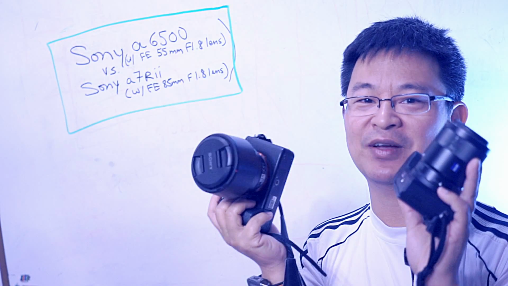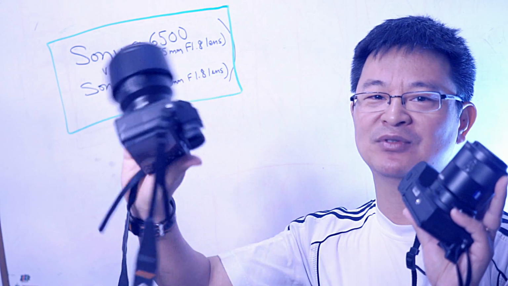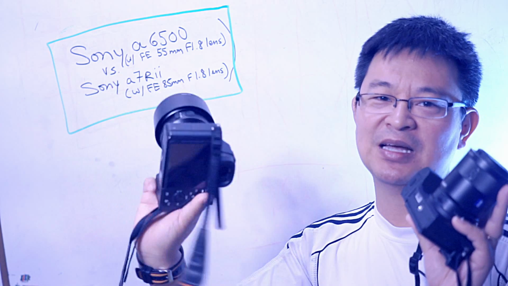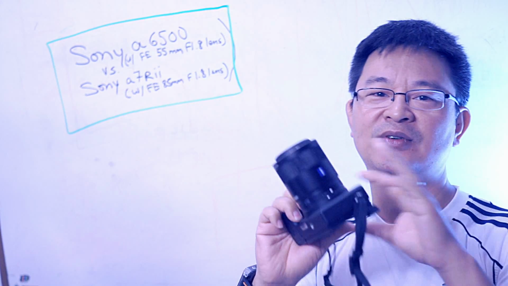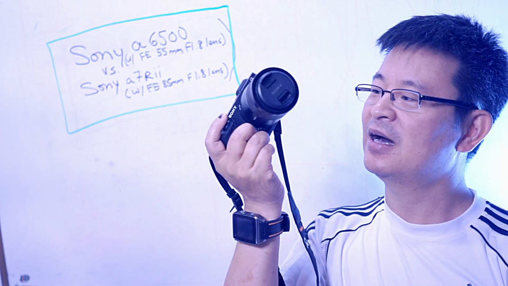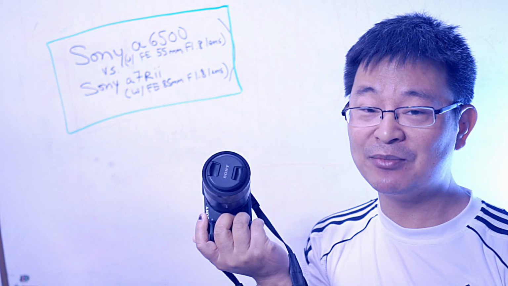Now, if I had no choice, if I'm really lacking the budget and I have to sell off one, I would take this away from myself and stick with this one, because overall for video and photography, this is the camera to go to. It's an APS-C camera.